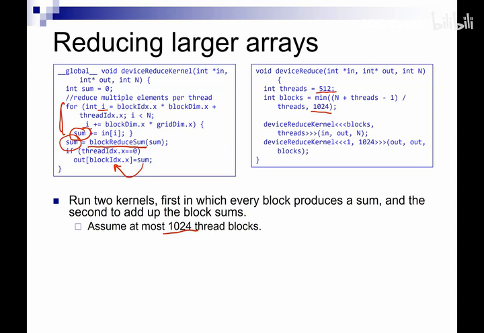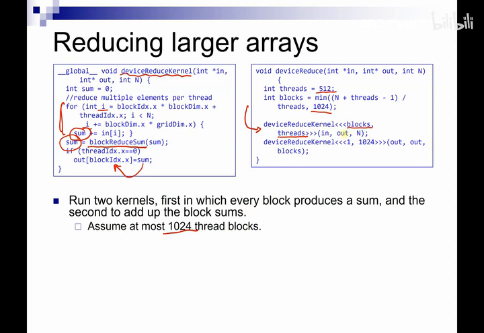So what's going to happen in the overall kernel is that first of all, we call this function over here once, using some number of blocks less than 1024, and 512 threads per block. That's going to produce however many thread blocks you have. Let's say you have 100 thread blocks.